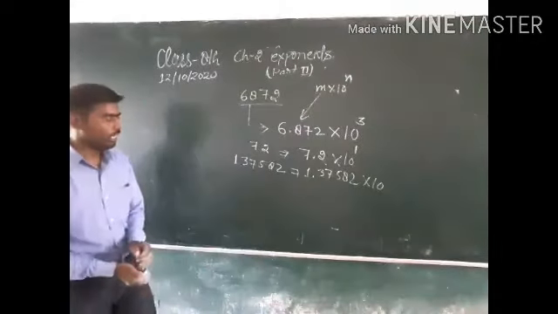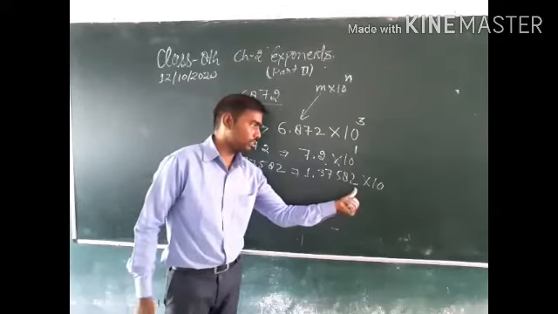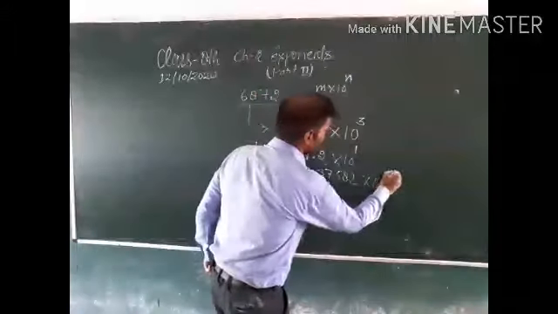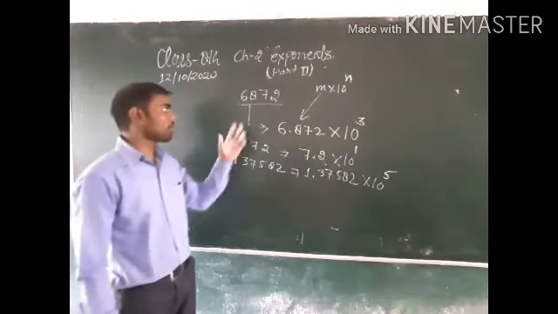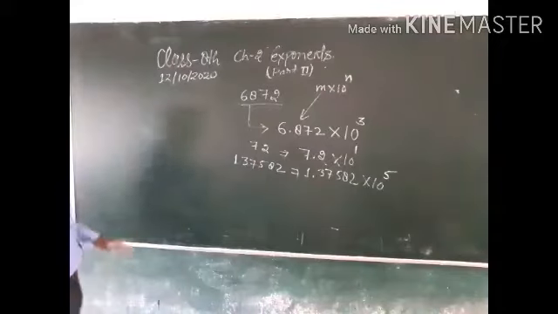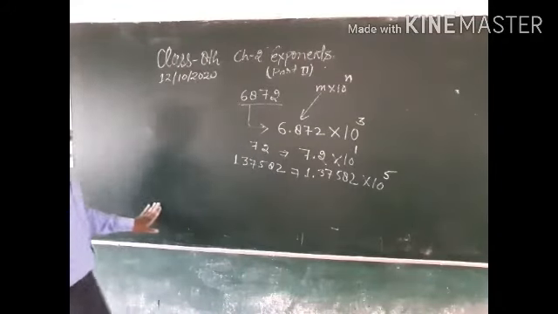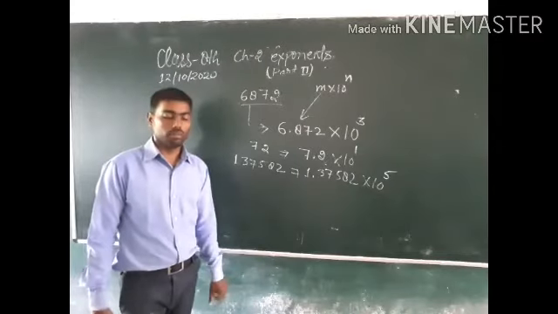What is the value of n? This is 1 place, 2 place, 3 place, 4 place, 5 place. It means 10 to the power 5. So this is how a number can be written in standard form. This is the explanation of how we write a number in standard form.